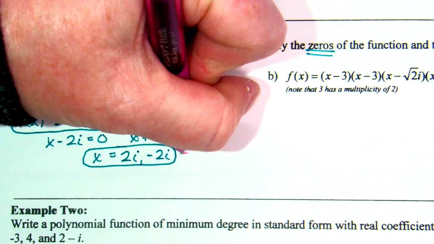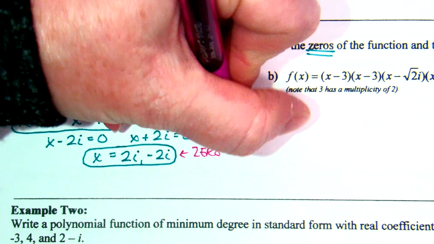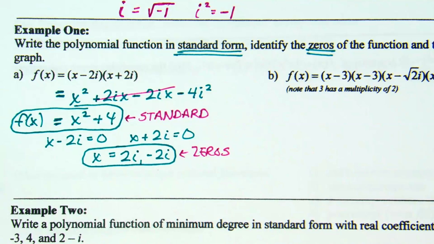And what are these? Your zeros. So it's okay if we have i's in our zeros? Yep. Okay, because zeros are solutions to the equation. And most often we just look for the real solutions. But today we're looking for any solution. So real or non-real. In this case, my solutions are imaginary.